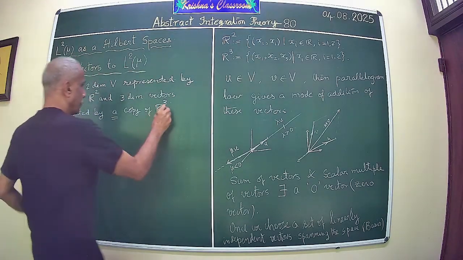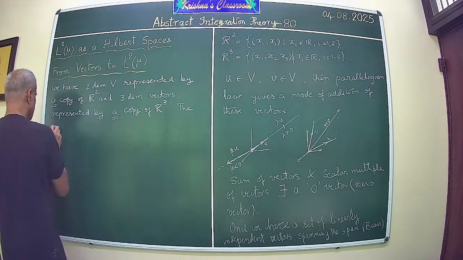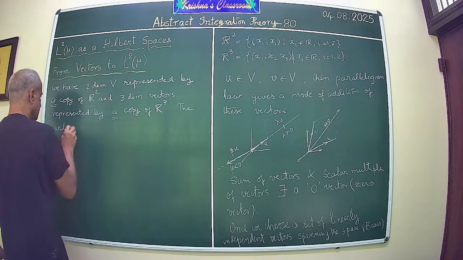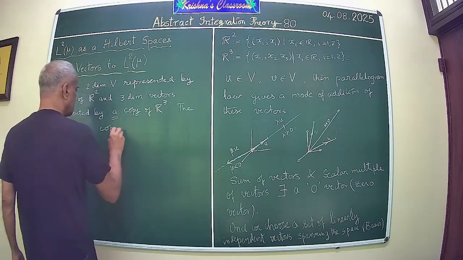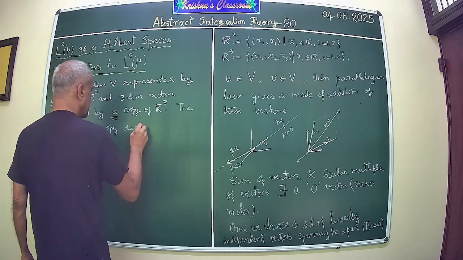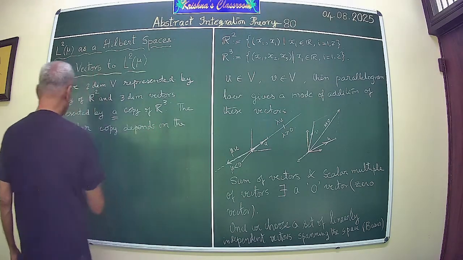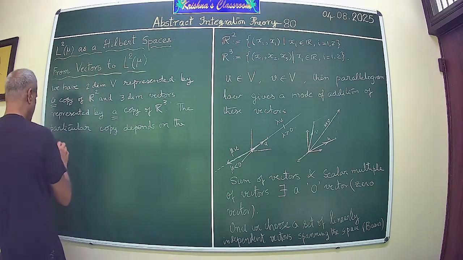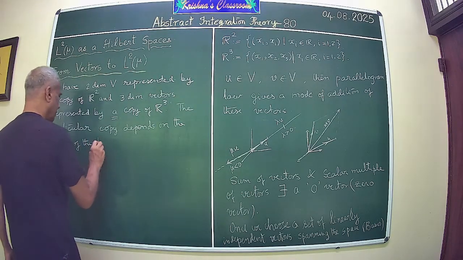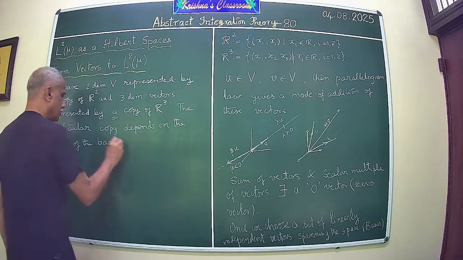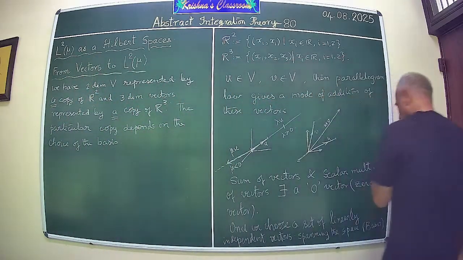The particular copy depends on the choice of the basis. These are typical examples of what are called finite dimensional vector spaces.